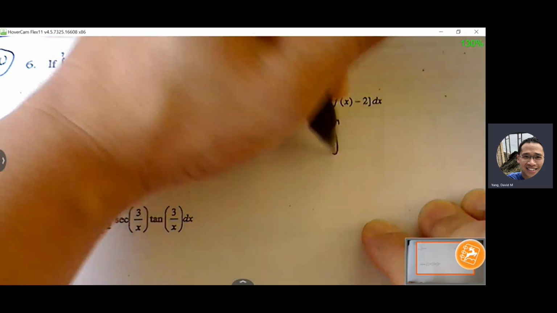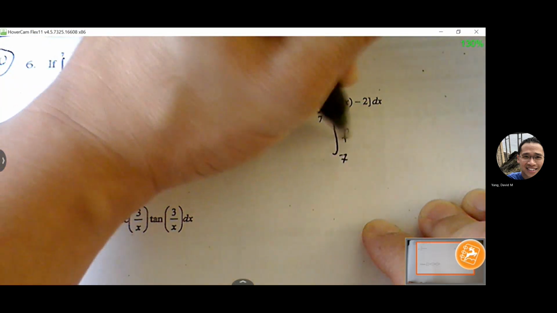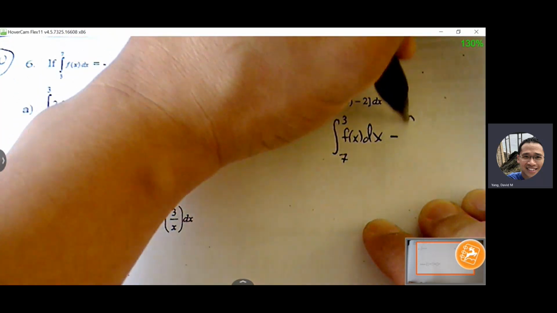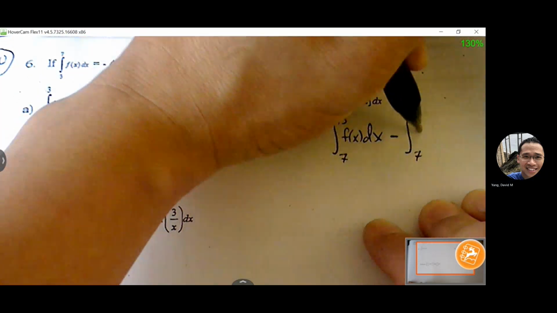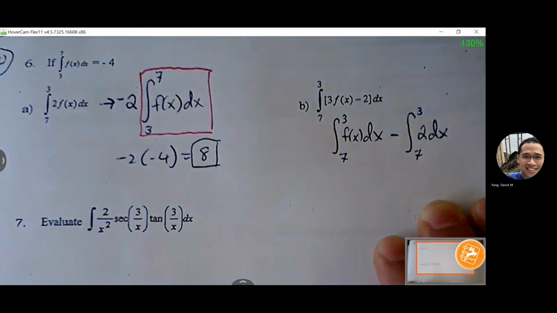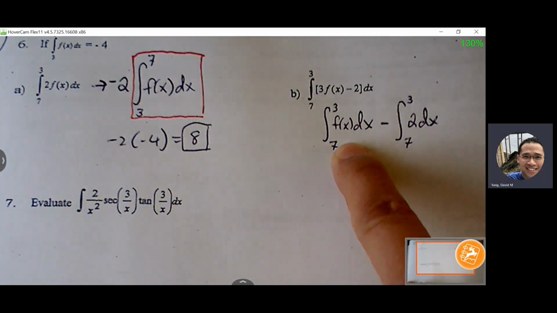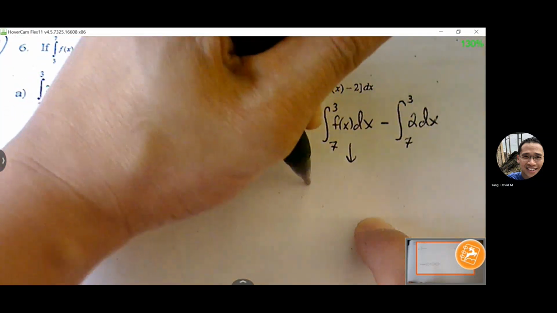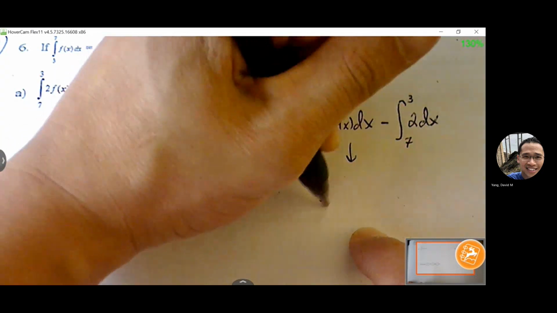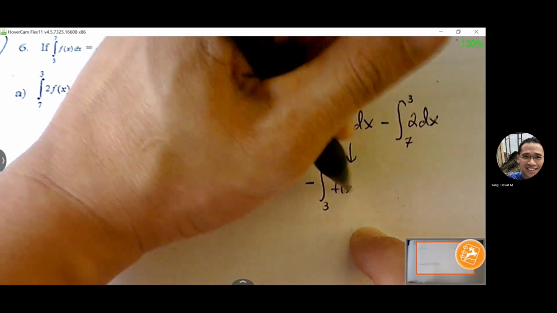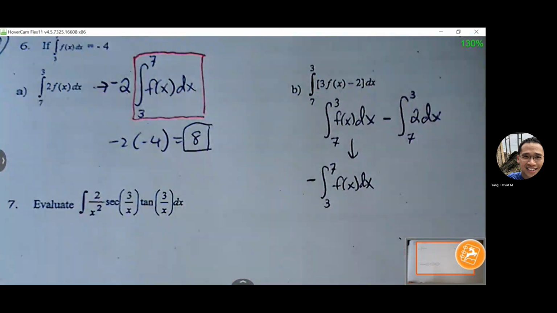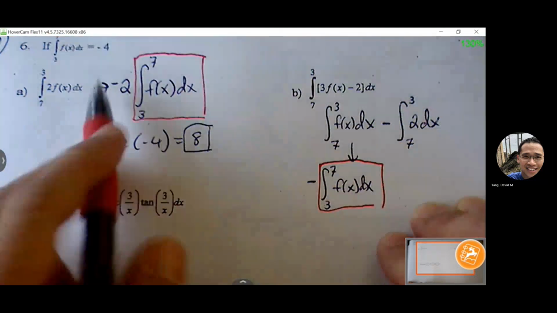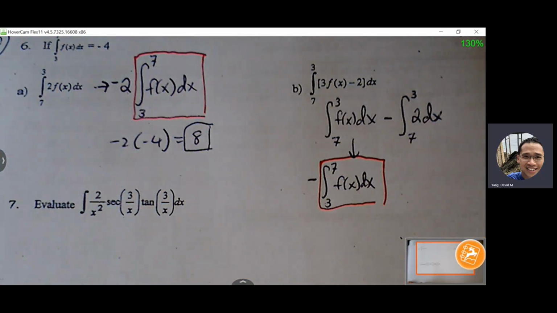I'm going to separate first, so I know exactly how that 2 is getting impacted. This I can flip the bounds, and I can use the property. Right, replace this with -4, and negative times -4 is +4.